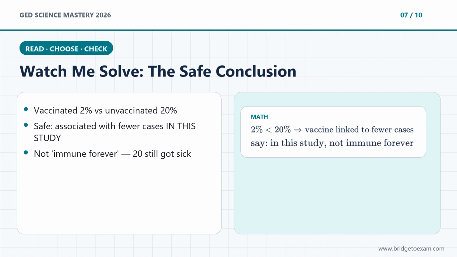Check. Because the groups were large and compared side by side, the evidence is fairly strong. But I still stay careful. I say associated with fewer infections in this study, not the vaccine makes everyone immune forever. Remember, 20 vaccinated people still caught the flu, so forever is an overclaim.